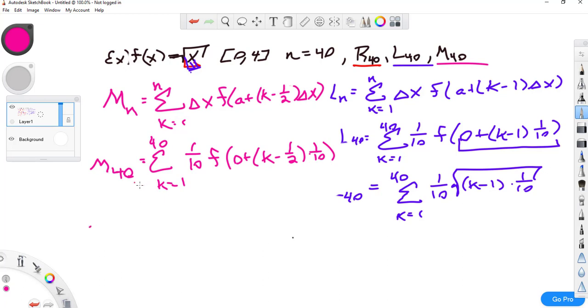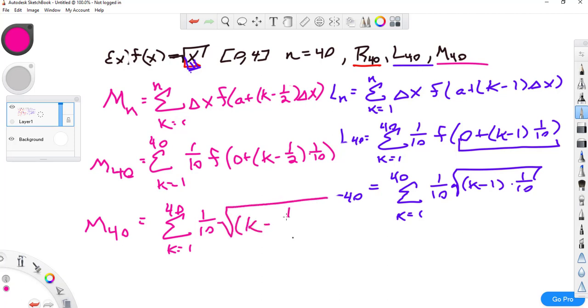So M sub 40 equals the sum from k equals 1 to 40 of 1/10 times the square root of (k minus 1/2) times 1/10. And all of that is underneath the square root.